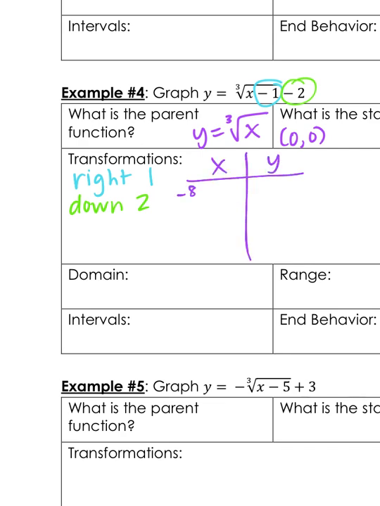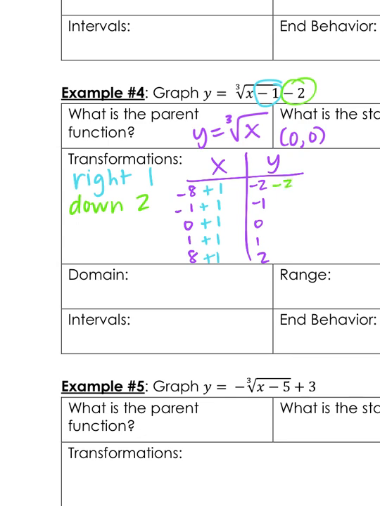So again, I'm going to start off with my kind of standard chart. And then I'm going to move right 1, so I'm going to add 1 to all of my x's.